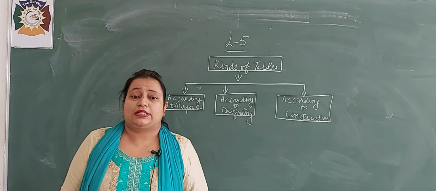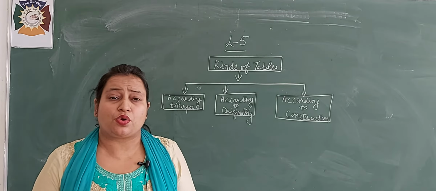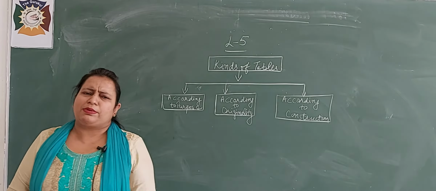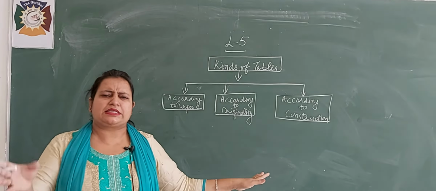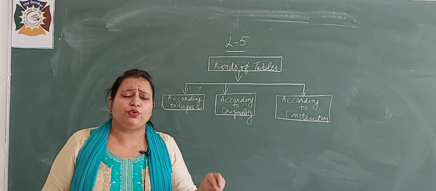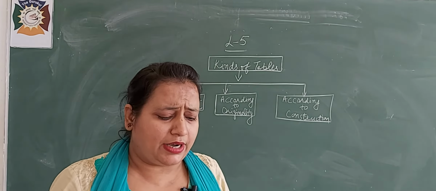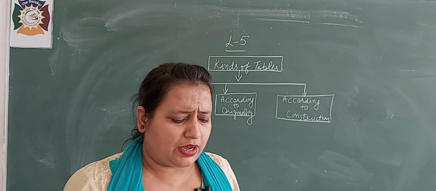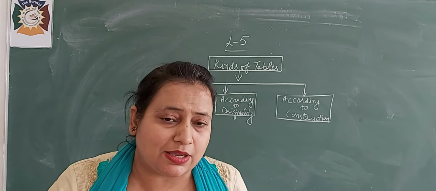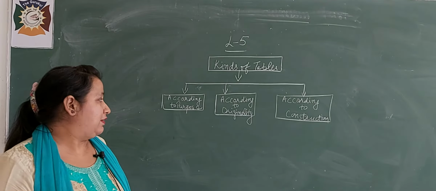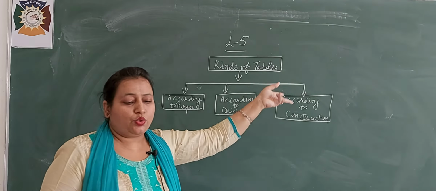According to purpose: what is the purpose? For general purpose or special purpose. If you want to use the table in a general way, like a census report, that is a general purpose table. But if you need it in a special way, then this is known as the summary table. You have to prepare it by keeping some specific points in mind.